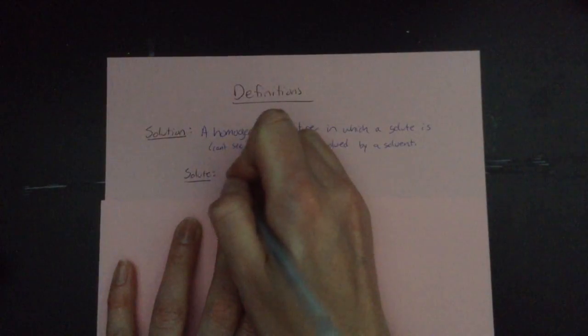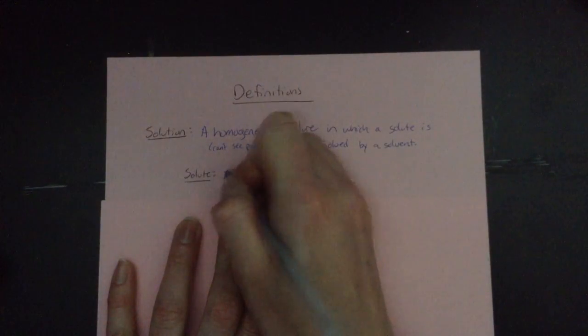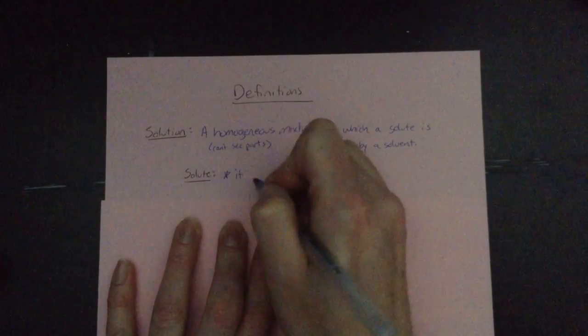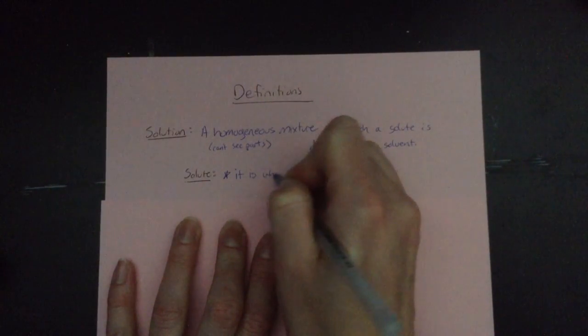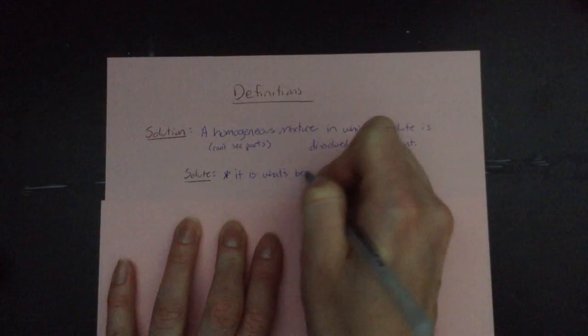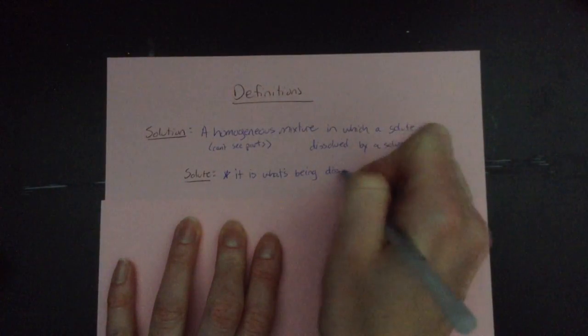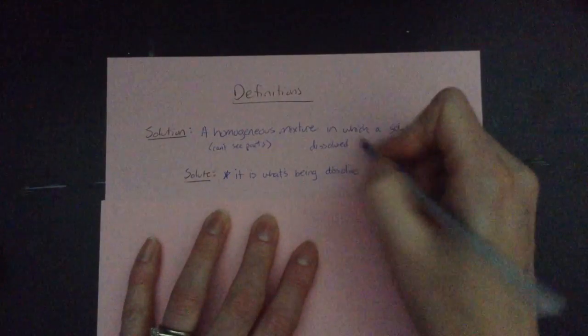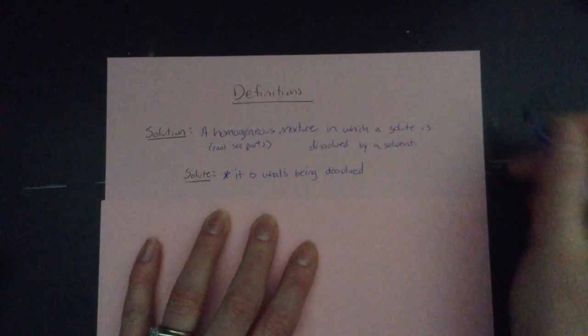Well, a solute is, there's two ways to think about it. The first way that you can think about it is that it is what's being dissolved. If you put some salt in some water, the solute is the salt. The salt is being dissolved in the water.